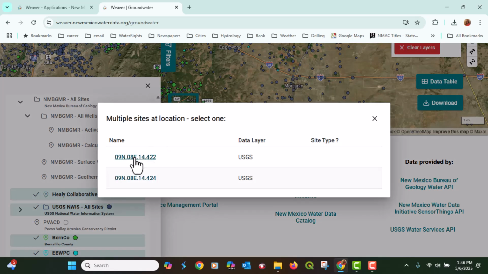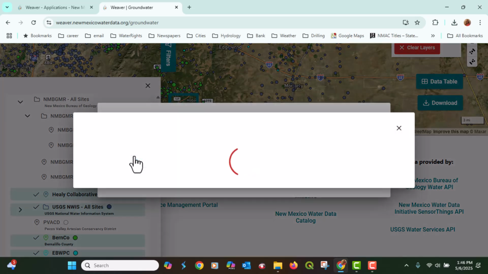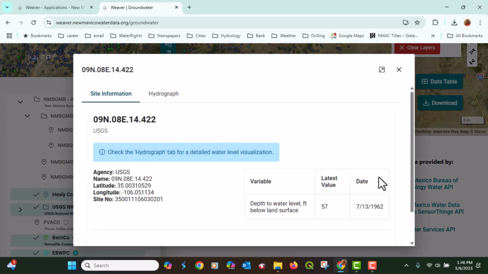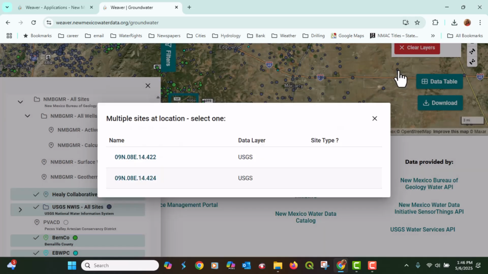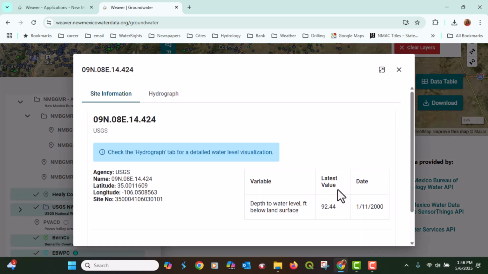Like right here, there's 2 USGS wells, and you can click on those and it will give you, this one only had one measurement, and it's 57 feet to groundwater at that point in time, and it was in 1962. And this one here was measured in the year 2000 in pretty much the same spot, and the groundwater level has dropped to 92 feet.